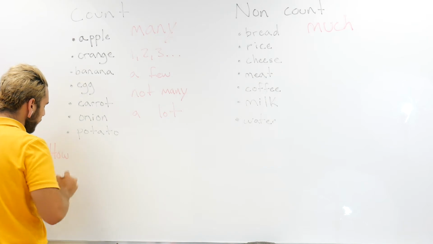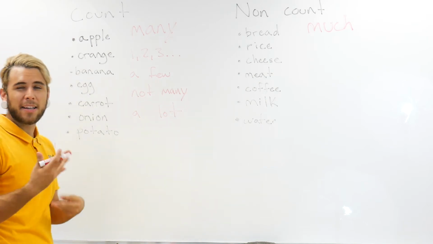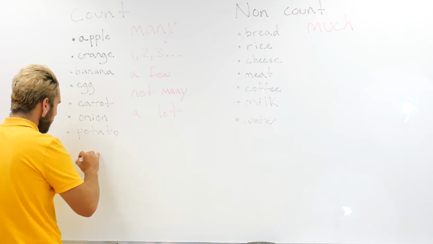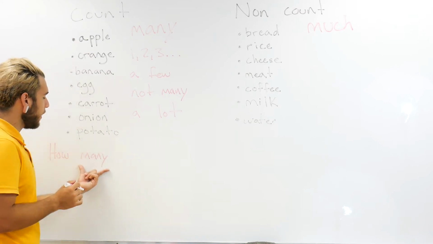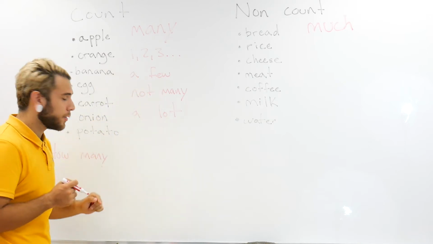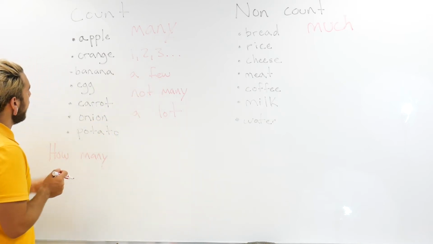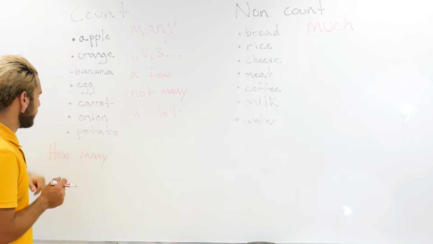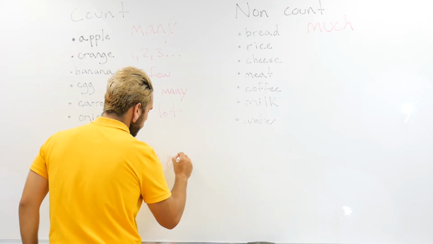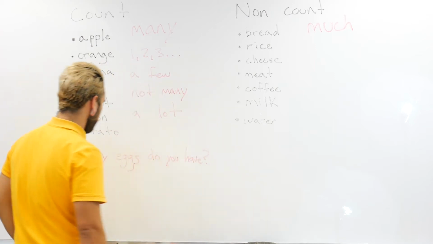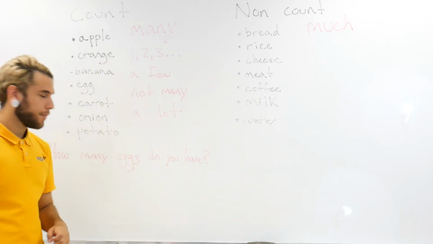So let's start off with how many. Whenever you're asking how many, that means the answer should be either a number or one of these words. How many eggs do you have?